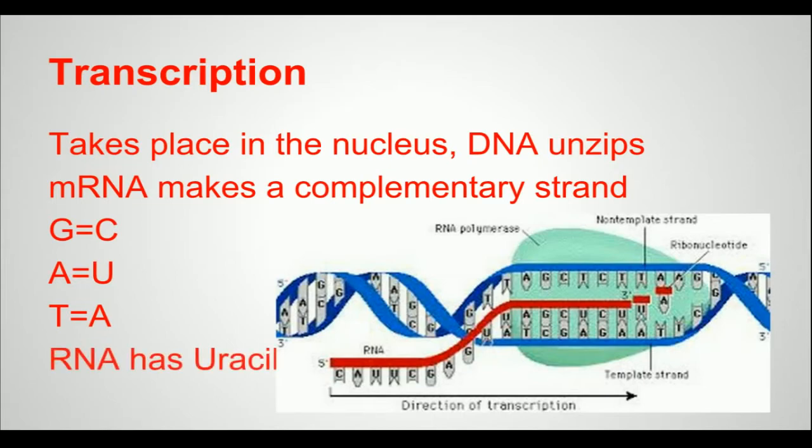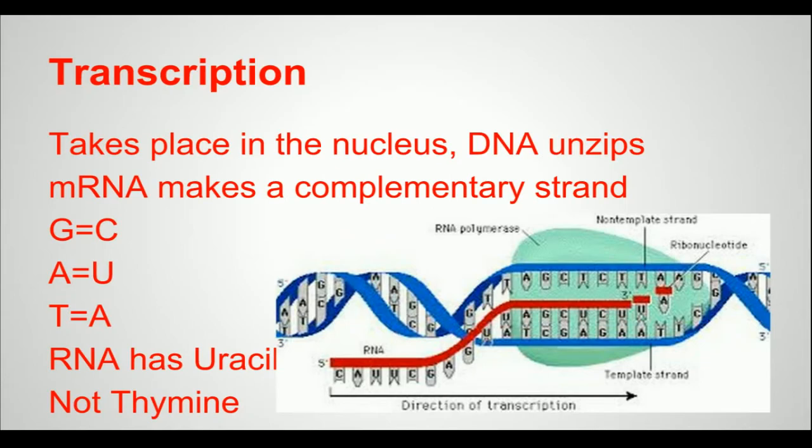So the messenger RNA, that's what the mRNA stands for, comes in, it goes to the unzipped portion, and it reads the different nucleotides there, makes a complementary strand using uracil instead of thymine. So when you're looking at a strand, if it has a U, then you know it is RNA because that's uracil.